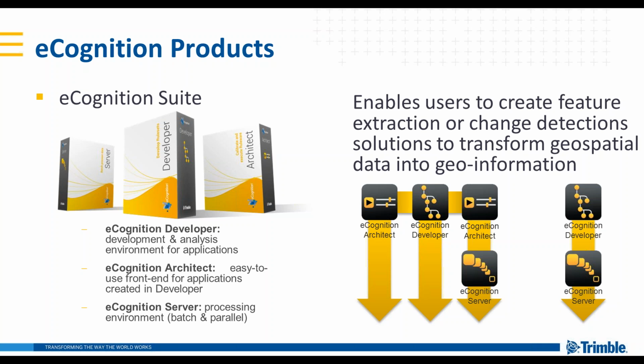This is your workhorse for the production institutions. This is where batch processing, the tiling of very large images, and the parallel processing of those multiple images, folders' worth of images, and then the stitching back together of the results into a single export, if that's your desire. But those are add-ons. So the Server and the Architect are both add-ons to the Developer platform.